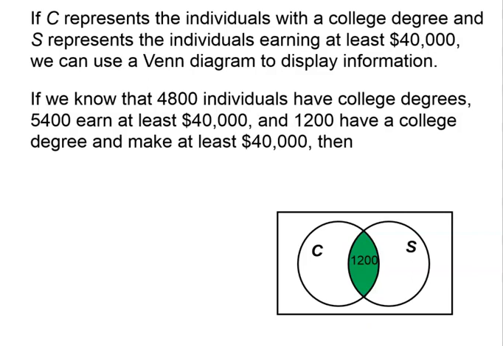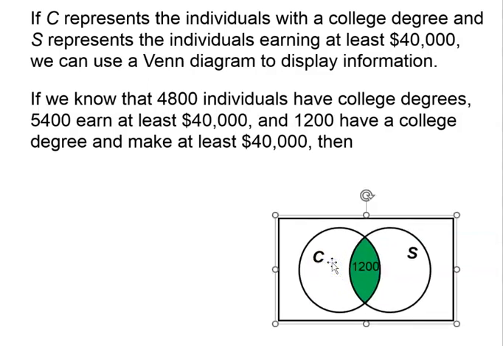But now, how do we figure out the rest? So C, remember, that's who have college degrees. There's 4,800 individuals with college degrees. Should we put the 4,800 here? Well, you would say no, right? Because the 4,800 includes the 1,200 that's right there in the middle.